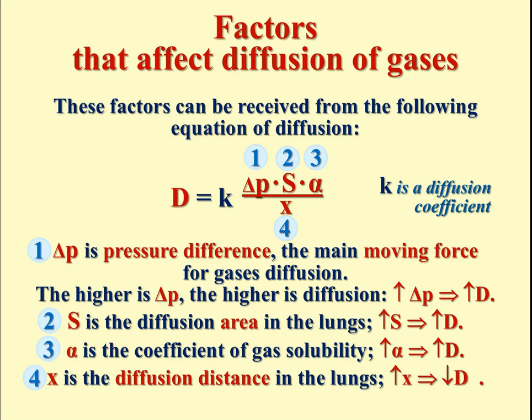Therefore, when alveolar walls become thicker due to some fibrosis or other processes, it makes the diffusion distance higher. And as a result, diffusion becomes less. You see, this is the only index that stands in the denominator of this equation. And so a higher diffusion distance makes diffusion less, the only parameter that decreases diffusion.